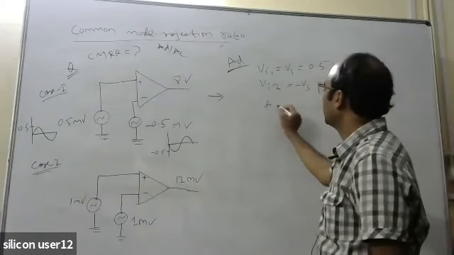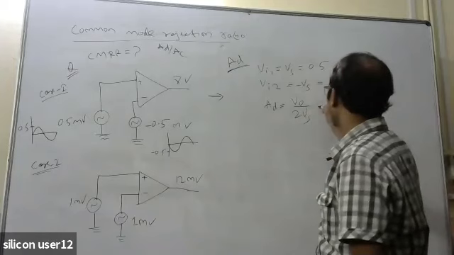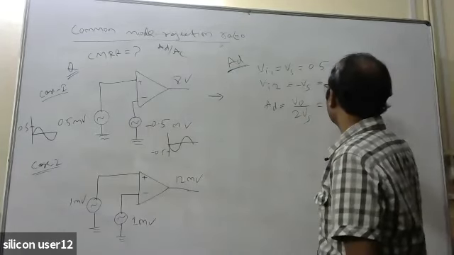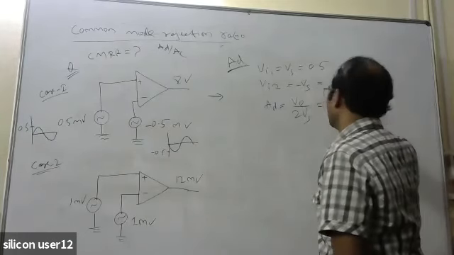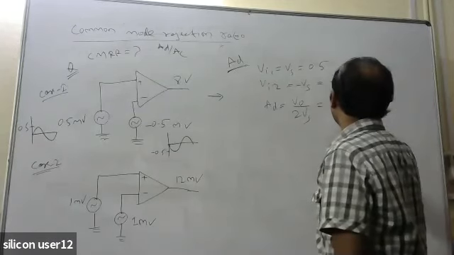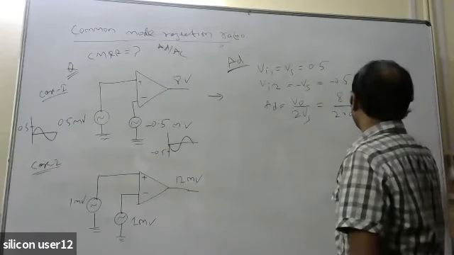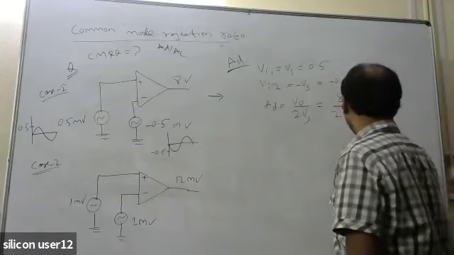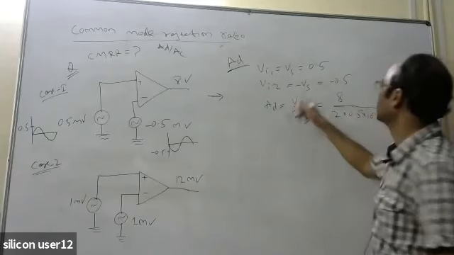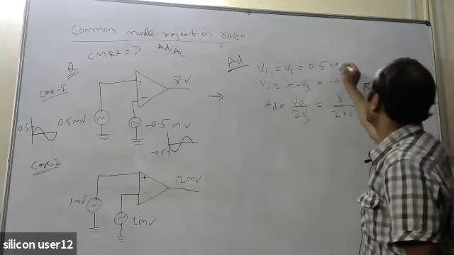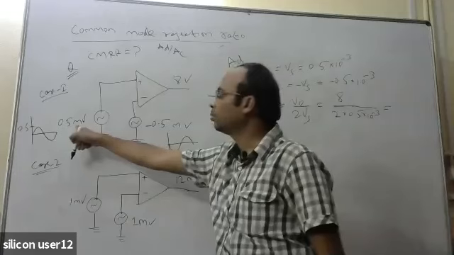Then you know that AD equal to V0 by 2 Vs, which is equal to V0 by 2 into 0.5 millivolt, because the Vs is 0.5 times 10 to the minus 3, so this one is 0.5 millivolt.